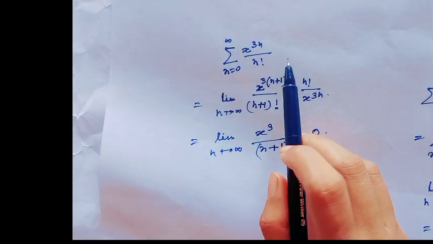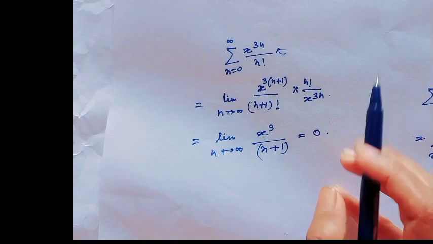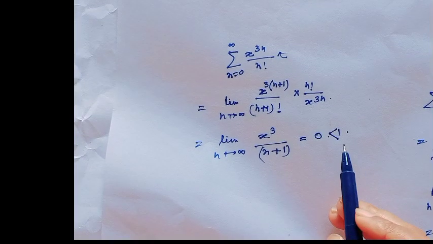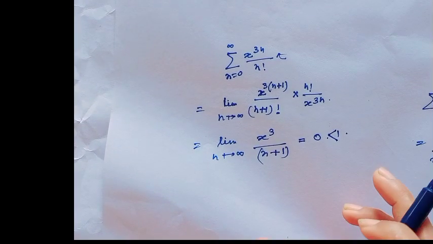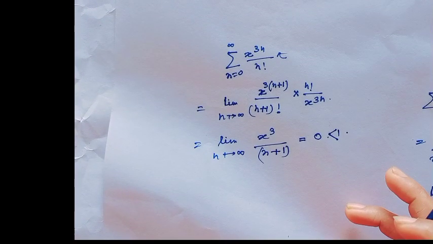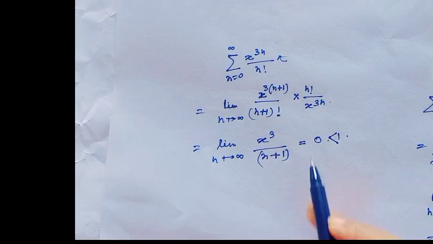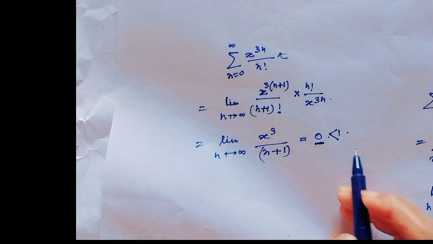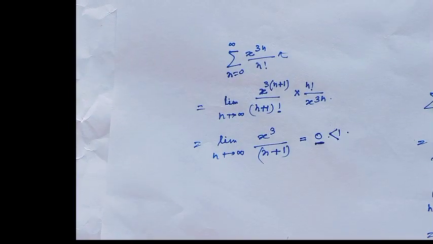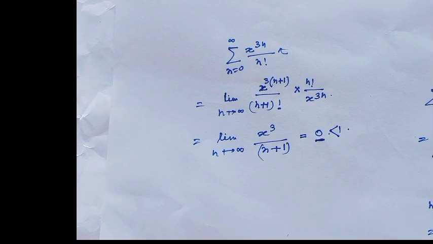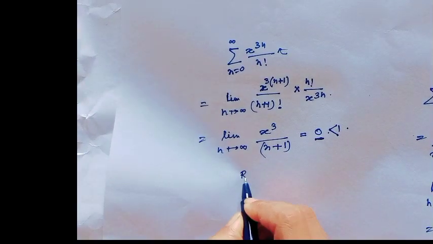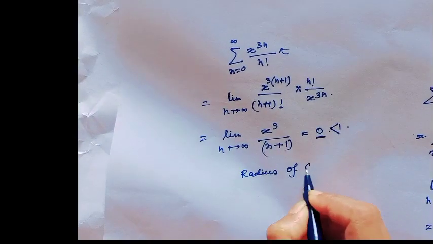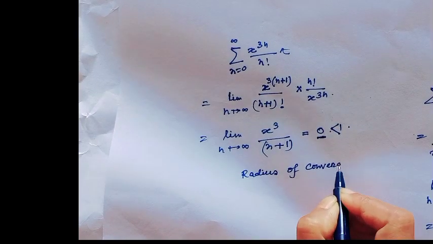All of us know this type of series converges when this value is less than 1. Since this value is 0, which is less than 1, for all values of x the power series converges. Therefore the radius of convergence would be infinity.